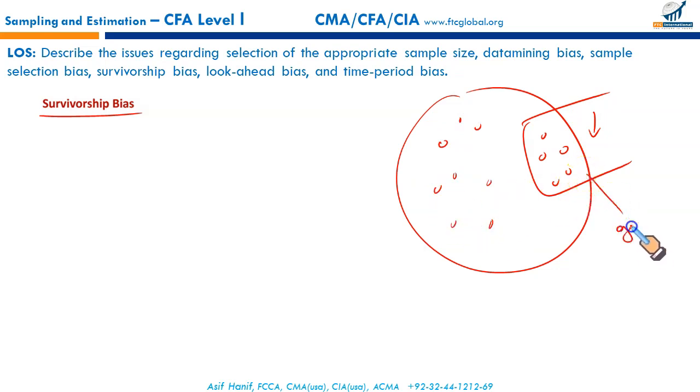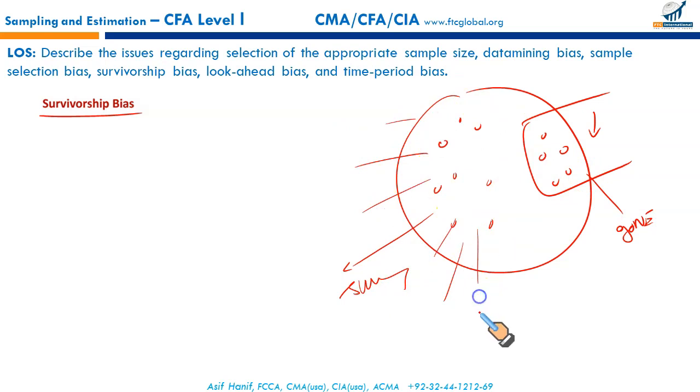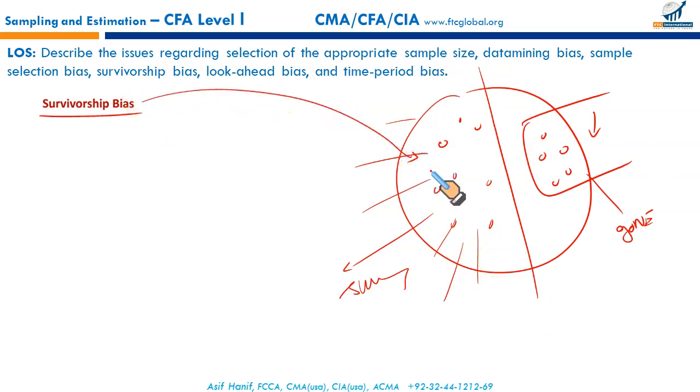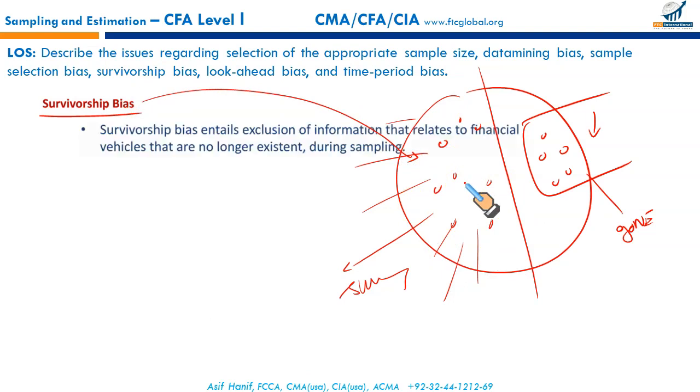The others are gone, dead, finished, wound up, liquidated. So basically you are just selecting from those firms' returns that exist. Those that have been kicked out are excluded. So only the firms that are surviving are considered during sampling. This is survivorship bias because your bias, even inadvertently, is towards those firms that are surviving. That's what you call the survivorship bias.